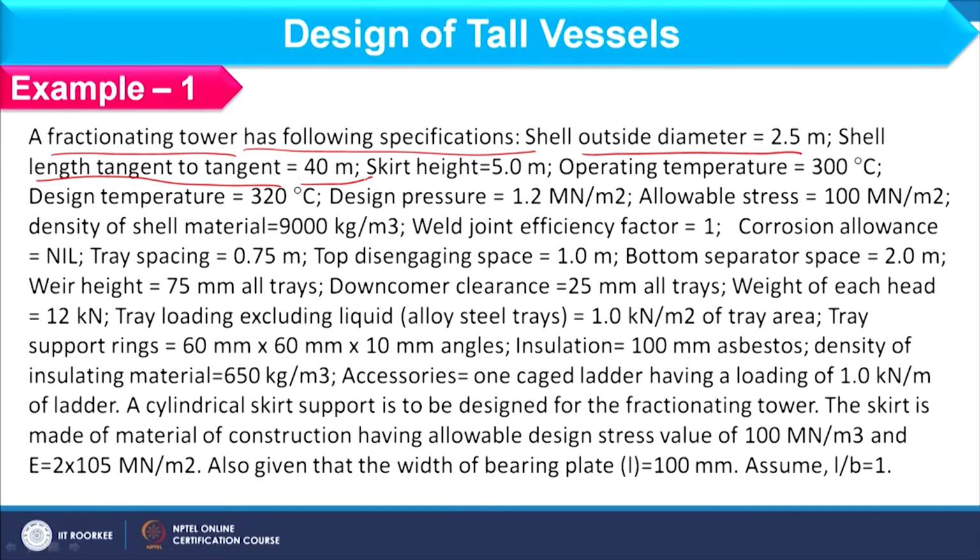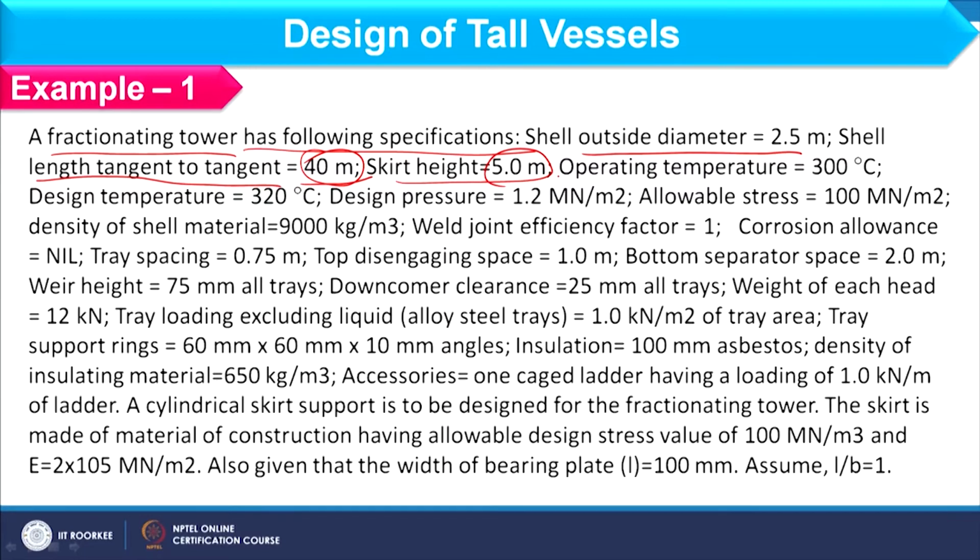It is the complete length of the shell. Tangent to tangent means when the head is attached to the shell, it makes a tangent with the shell, right. So, that we consider as tangent to tangent length, or it means the complete length of the shell, right. So, that is 40 meter.